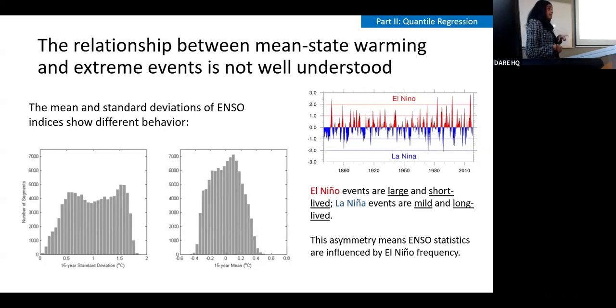This asymmetry means that having more El Niños does two things. It increases your standard deviation, but it also increases your mean. So those two things are not independent, and they can be quite biased by what is happening at essentially the top end of your distribution.